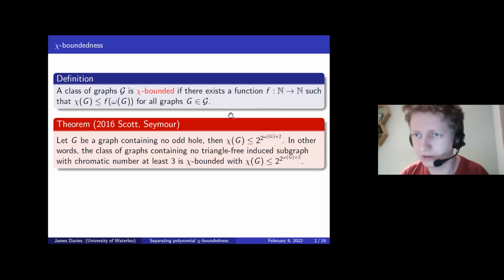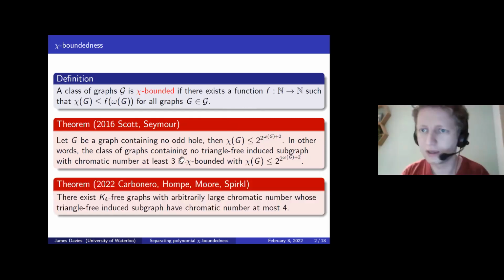And we saw this is close to tight, because of their breakthrough result, which was this construction of K4-free graphs with large chromatic number and whose triangle-free induced subgraphs have chromatic number almost 3.